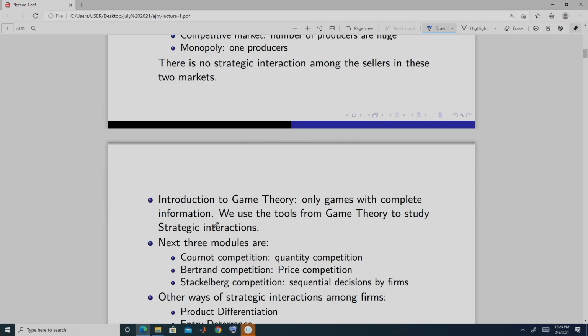So to study these kinds of things, we use game theory, specifically the non-cooperative games. Okay? And we will study a little bit of game theory in the next module, and we will only study complete information games, both static and extensive games.